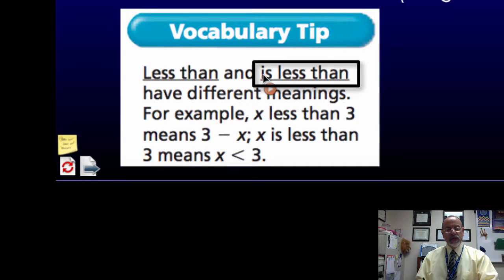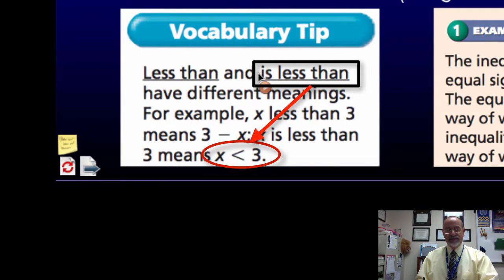So whenever you see the word is in front of less than, we're now talking about the inequality symbol less than. And if we have the words is greater than, we're talking about the inequality greater than. So the word is how you're going to be able to distinguish whether it's a subtraction problem, like we've been doing, or whether it's an inequality sign that we're going to be doing in this lesson.